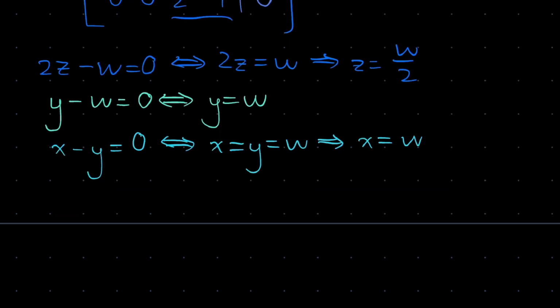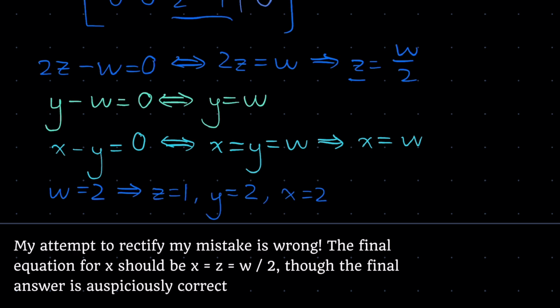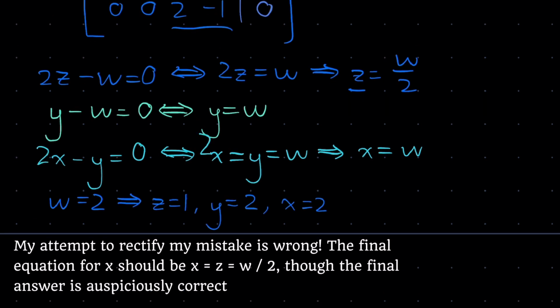All right, so I think a convenient choice is w is equal to 2, which yields z is equal to 1, y is equal to, let's see, 2, and x is equal to 2. Oh, I'm really sorry about this. This should be 2x. And so 2x is equal to y equals w. And so 2x is equal to w, which means that x is equal to w over 2. All right.